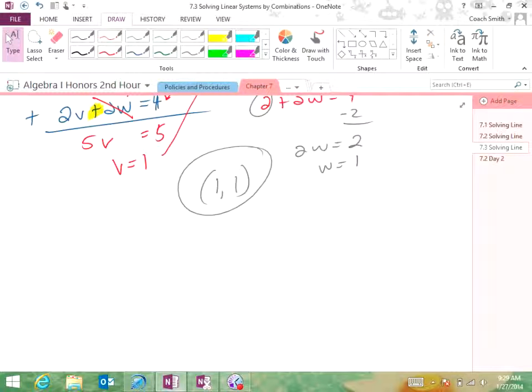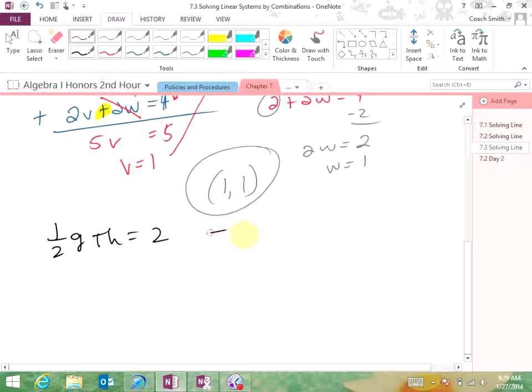All right. Let me look at one here, like this one here. Let's do 14. 14 says 1/2 g plus h equal 2. And then the other equation is negative g minus h equal 2.